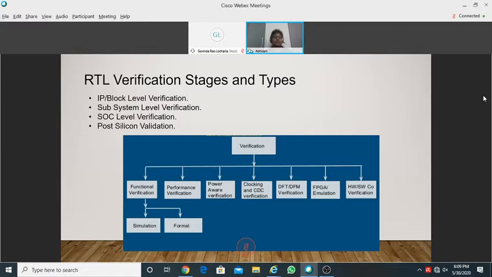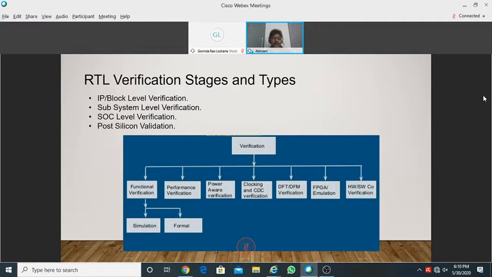So how do you verify those? Those things are very critical if you are delivering intensive bandwidth numbers or intensive latency numbers or performance critical SOCs. So for that we have a performance verification.